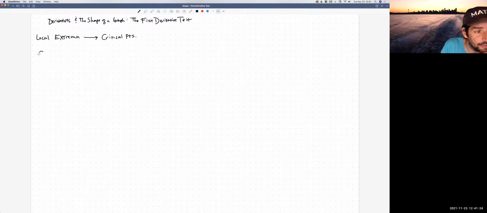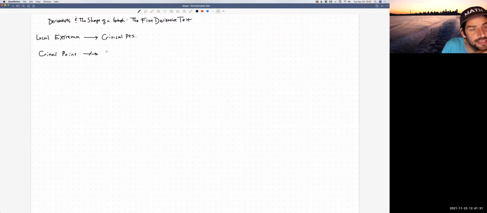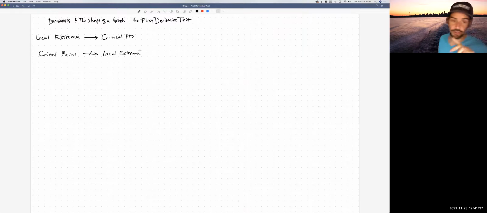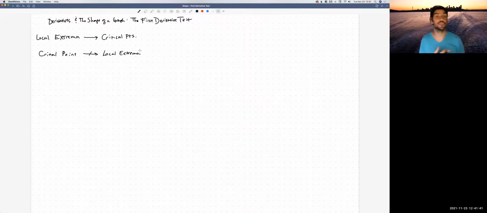However, we need to be careful, because just because we have a critical point does not mean we necessarily have local extrema. So the location of local extrema must be critical points, but critical points do not need to be the locations of extrema, right?